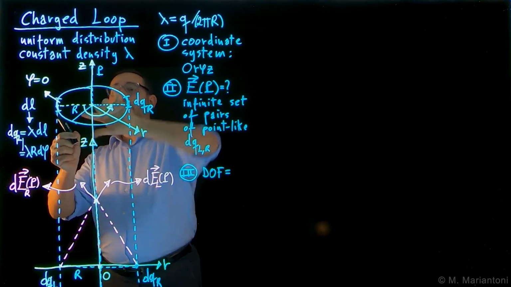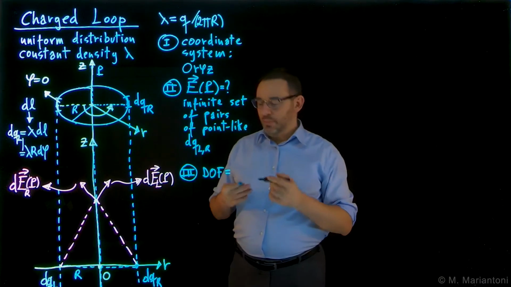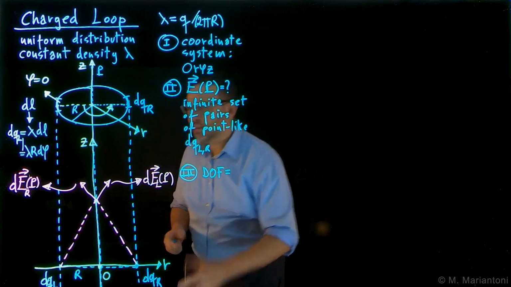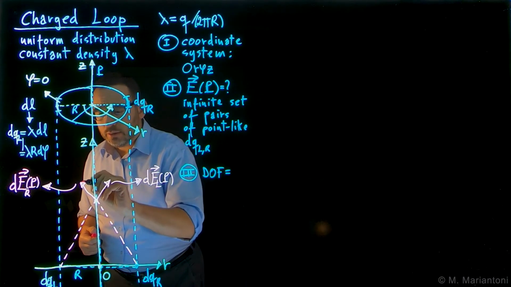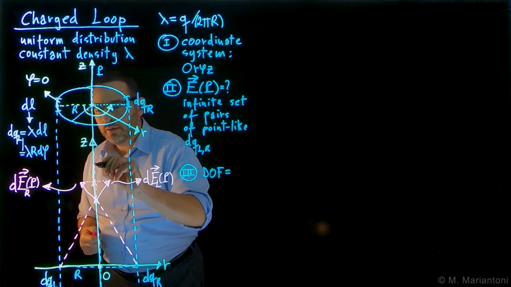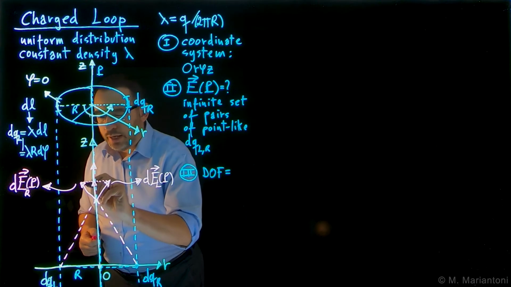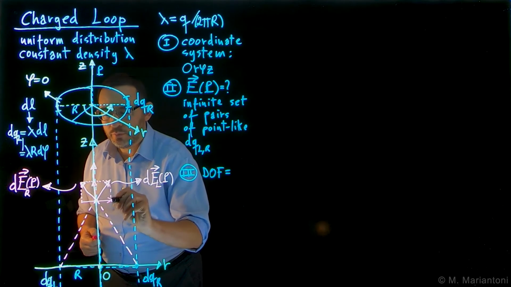Now we have an infinite set of such pairs, but the concept is the same. So for the same argument we made for the hexagon, the z components of the fields for each pair sum up, whereas the r components cancel.